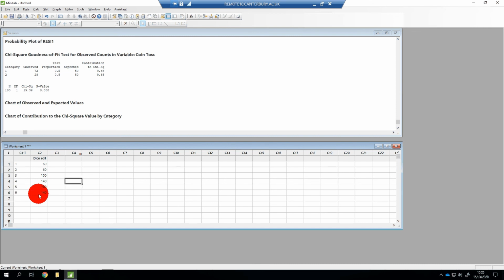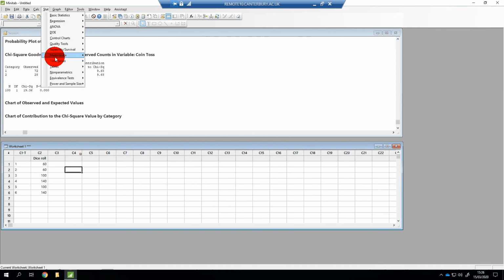Would that match my expectations? What would I expect to find in this situation? Well, I would expect to find, again, an equal distribution across those 6 categories. I would expect to find about 100 rolls for each of those numbers. So let's go back to our tables and chi-square goodness of fit test.